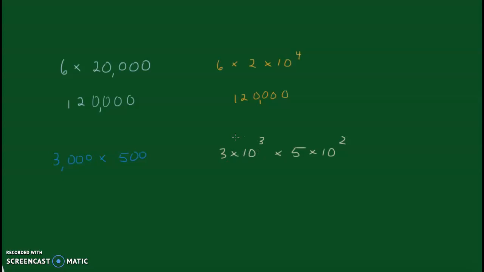And you can see how 3 times 10 to the 3rd fits with 3,000, and 5 times 10 to the 2nd fits with 500. So let's actually start with this problem here on the right.